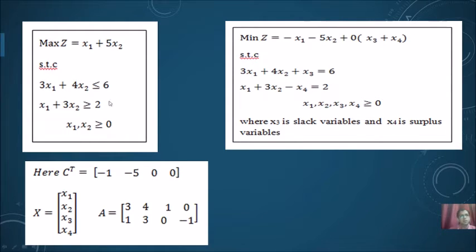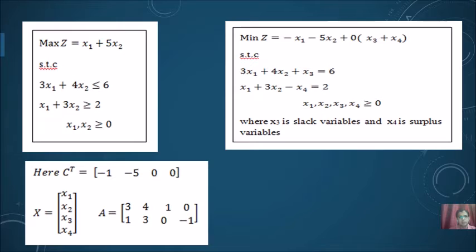Now since there are two constraints, that means m is equal to 2, we are going to need two unit vectors. You can see here that capital A, that means the coefficient matrix, is having only one unit vector, and our requirement is two unit vectors, and therefore the initial basic feasible solution as far as this particular problem is concerned is not present.